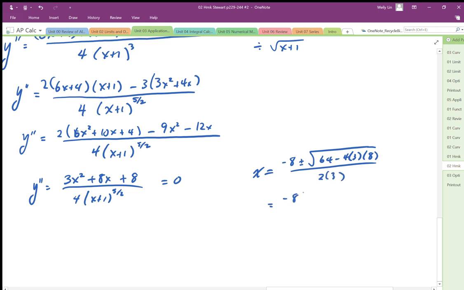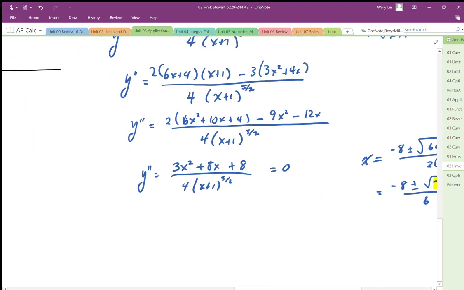So -8 plus minus the square root of 64 minus 96, which is -32. Okay, so then that negative indicates that there is no solution. So that means then that the second derivative is never equal to 0.